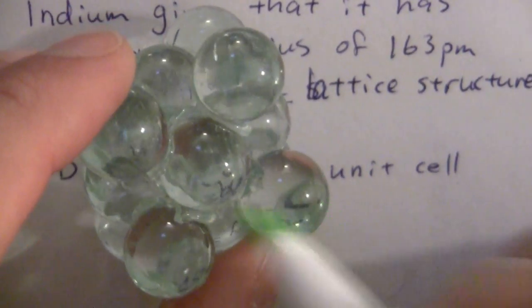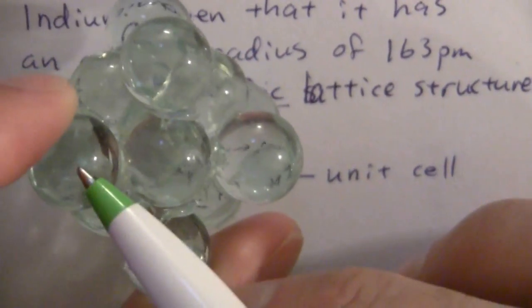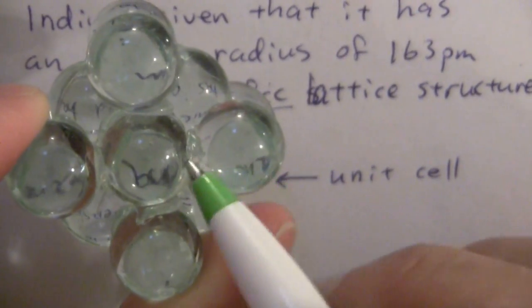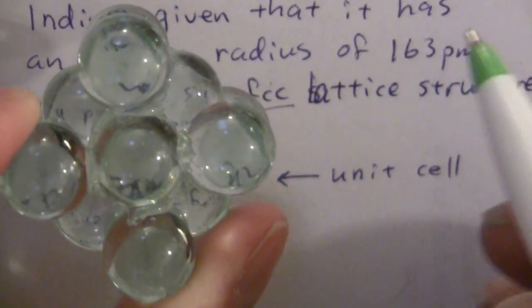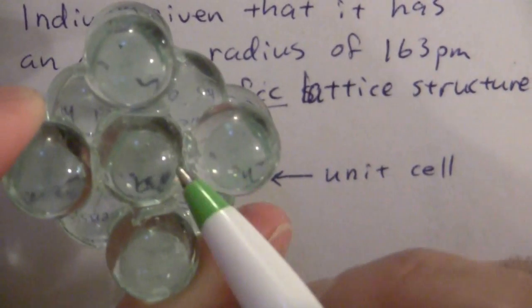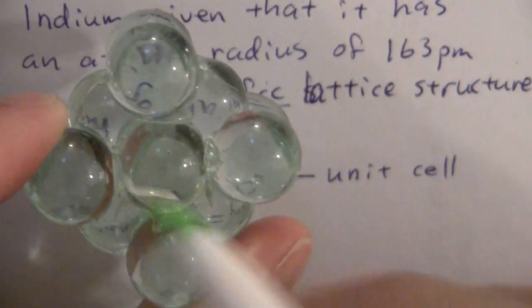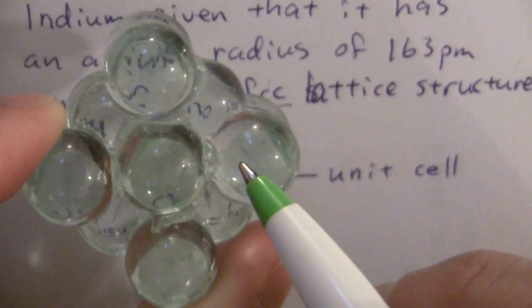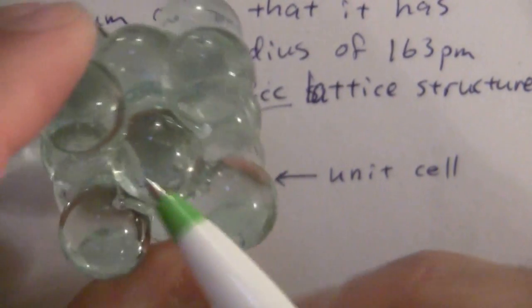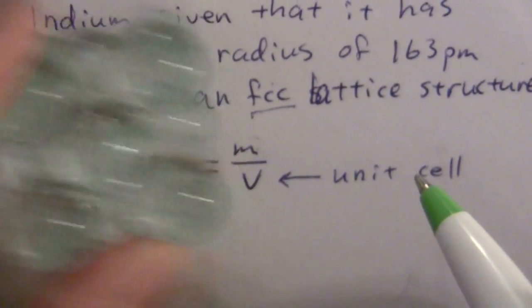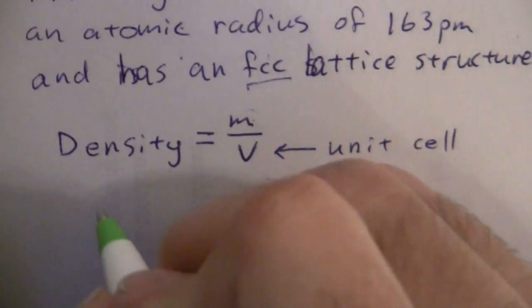We do know this distance because here are 3 indium atoms, and we know the radius of the indium atom, 163 picometers. So there's 1, 2, 3, 4 times the radius of indium. That gives us the diagonal across the unit cell.